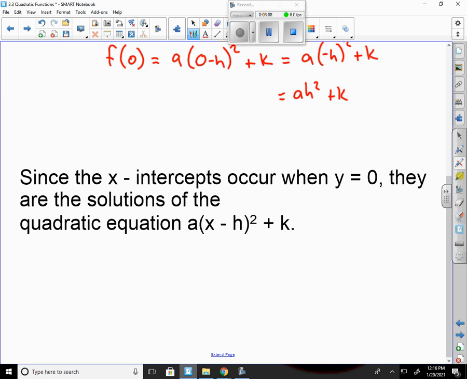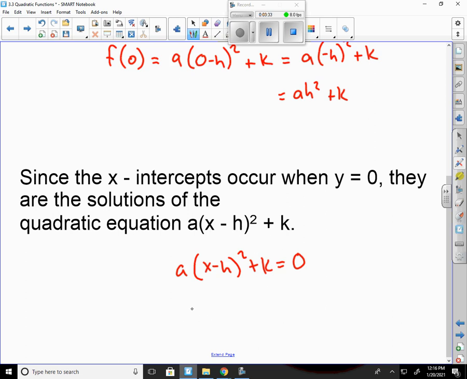It means that if I set this equal to 0, I can now solve for x. By doing so, just by having this vertex form, if I solve for x, I can just plug these values into the new equation I find.